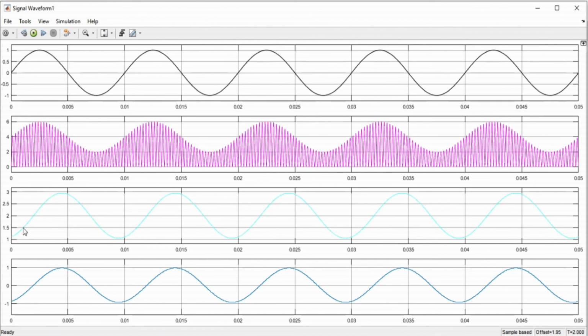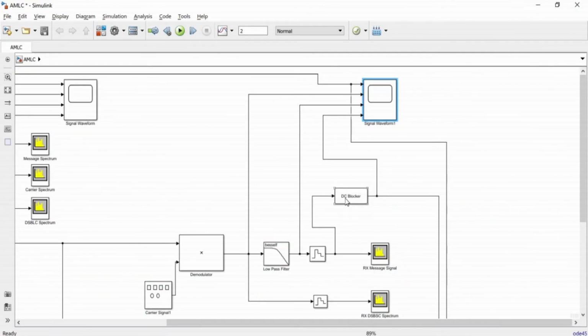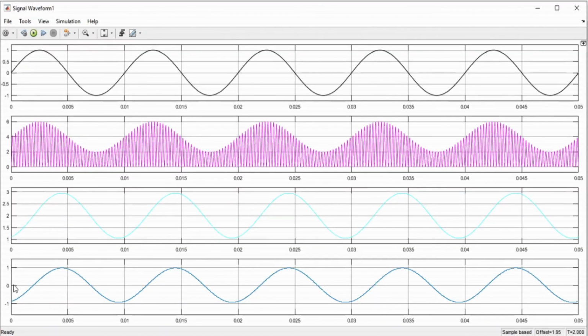which has a DC offset of +2. That DC offset is removed by this DC blocker, and now we have a signal which is between -1 and +1. This is the signal that we desire to achieve, and we have a linear phase shift, so this is a distortionless transmission, so we can use the time advance or time delay property to get back our original information.